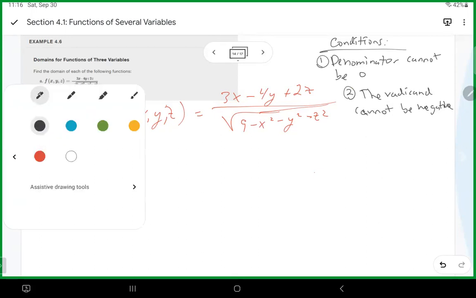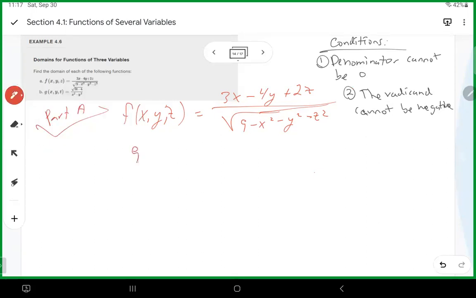Okay, so if we put those two things together, then we would get 9 minus x squared minus y squared minus z squared has to be greater than 0. Moving the variables to the other side and reversing the inequality gives the domain as.